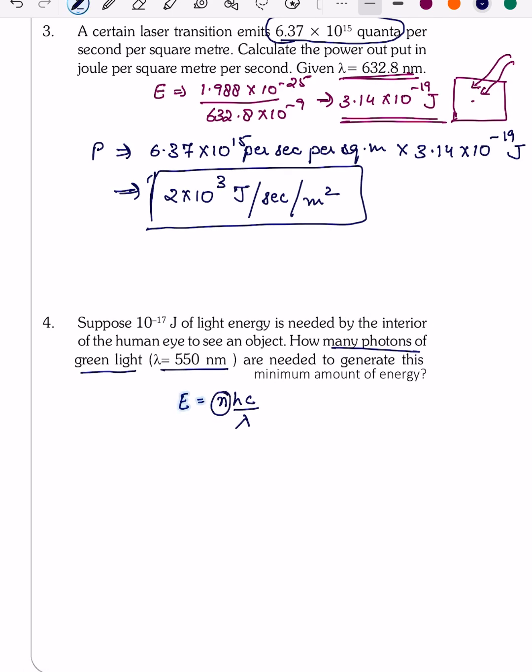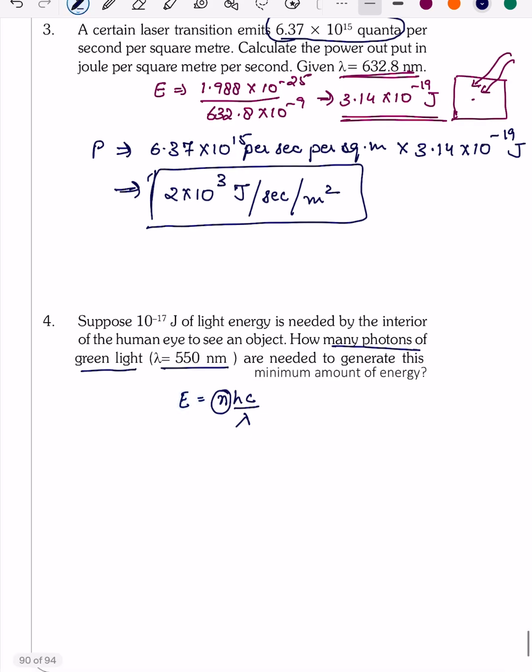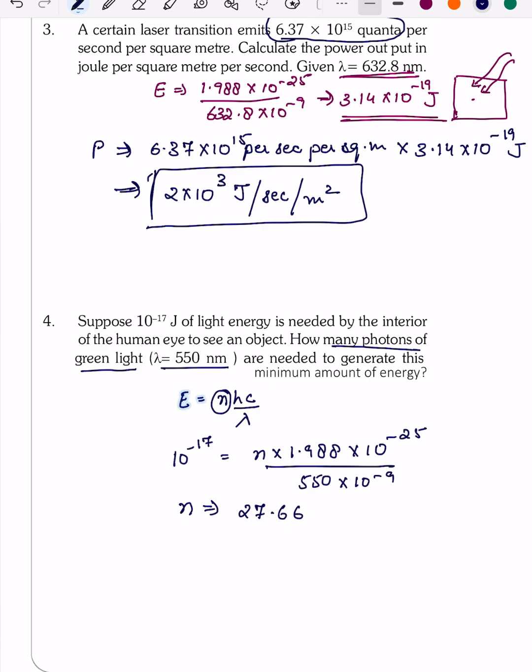That means we have to find the value of n. How much energy is given? 10 to the power minus 17 joule. This is equal to n into hc, whose value we know, 1.988 into 10 to the power minus 25, upon lambda, given as 550 into 10 to the power minus 9. Just find the value of n, which comes out to be 27.66.